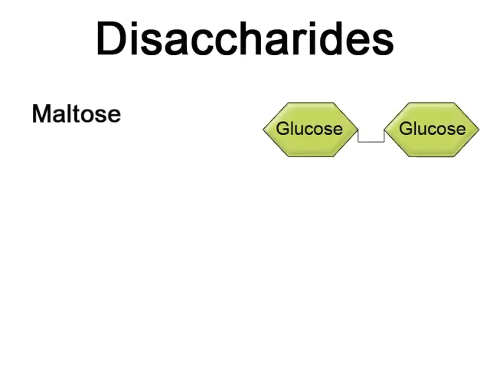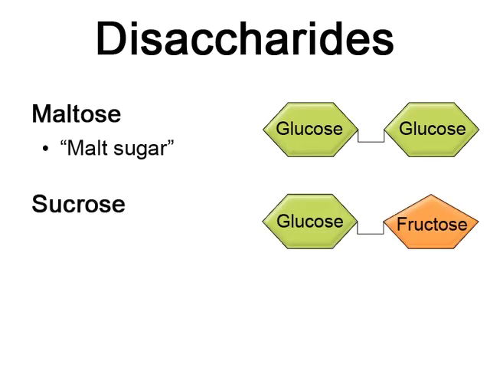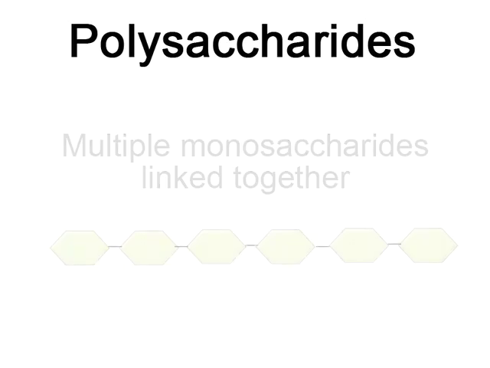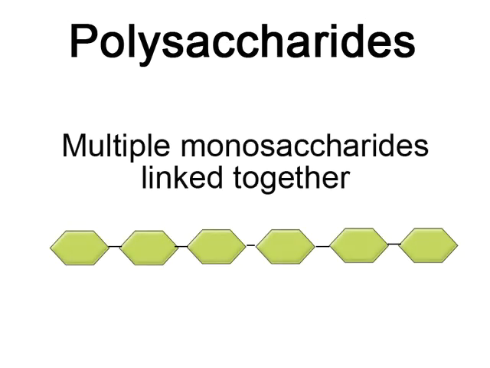They are maltose, or malt sugar, sucrose, which is what you know as table sugar, and lactose, which is milk sugar. Notice that these disaccharides are made up of 2 monosaccharides linked together. Next, we have the complex carbohydrates called polysaccharides. These are chains of many monosaccharides linked together.